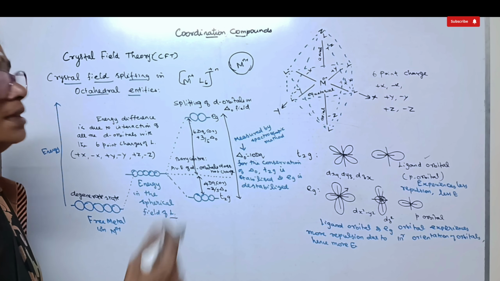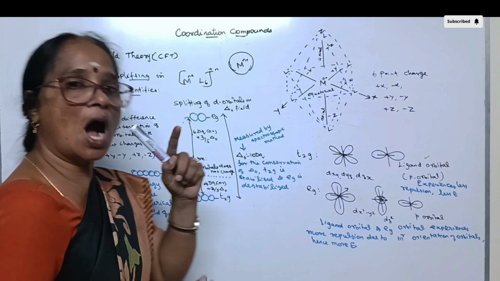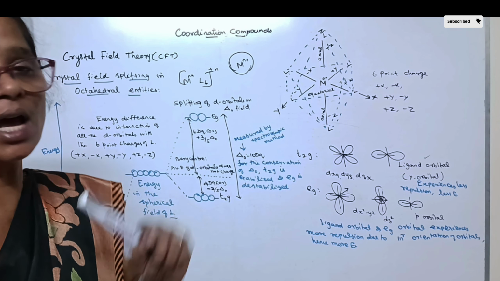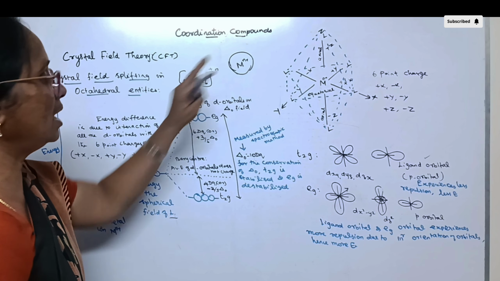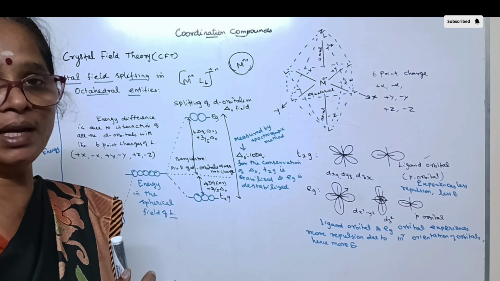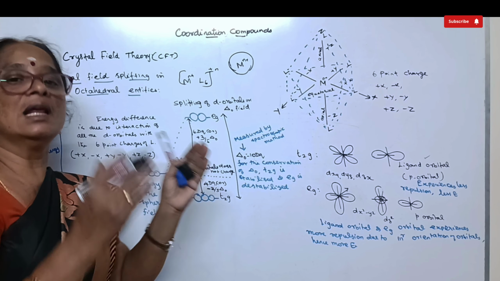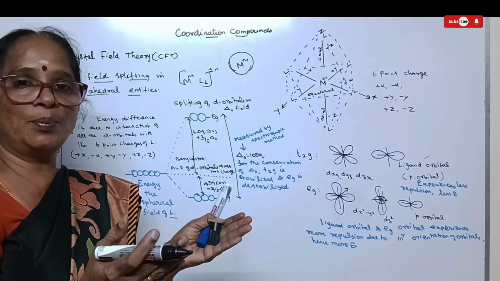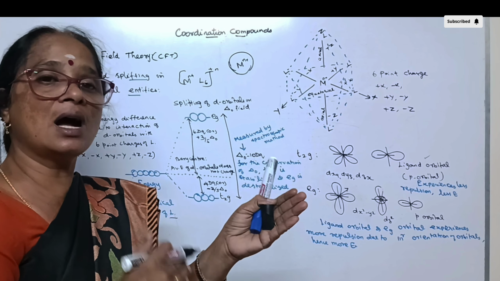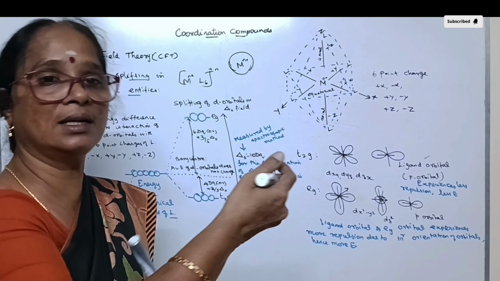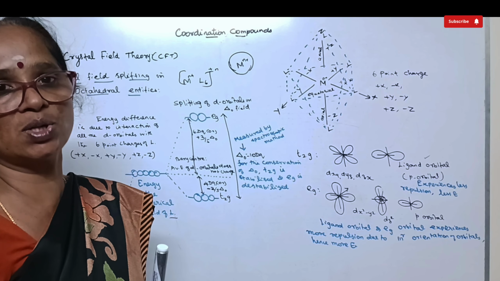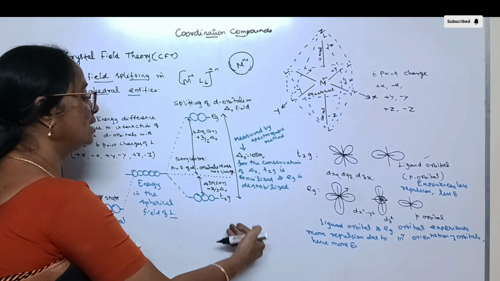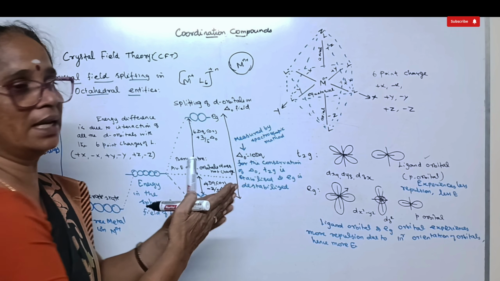When the ligand orbital approaches the d orbital of the metal ion, they may experience repulsion. Depending upon the amount of repulsion between the ligand orbital electrons and the d orbital electrons, the energy of the T2g and Eg gets split.